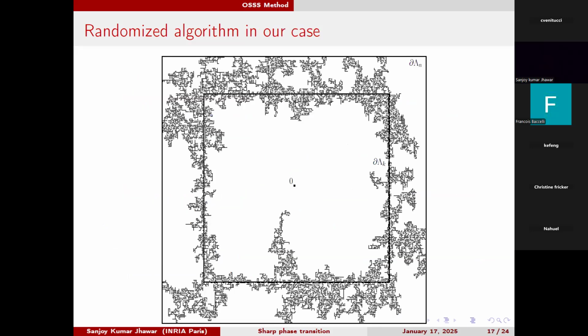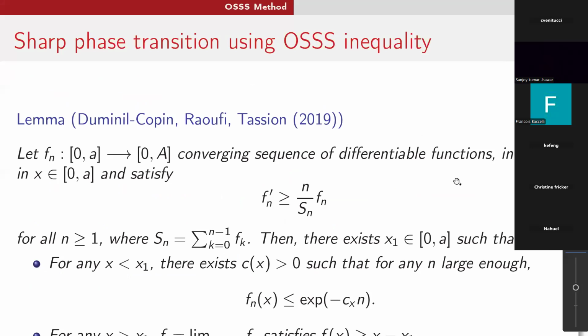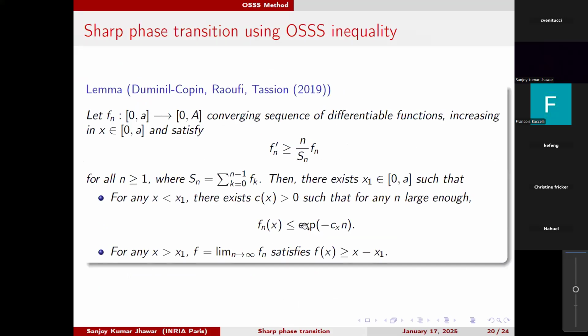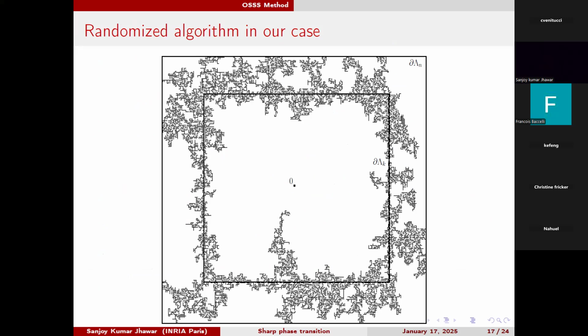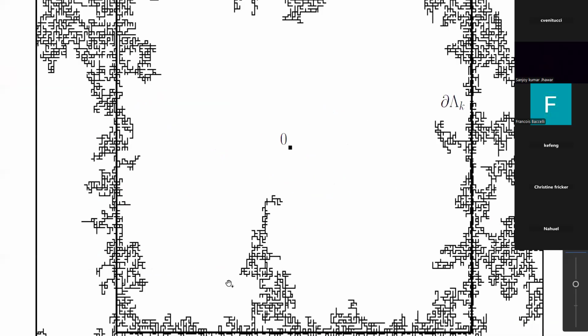If we go to this picture, let me try to zoom in a bit. Let's say you start from the boundary, and then you look at, it's very small.